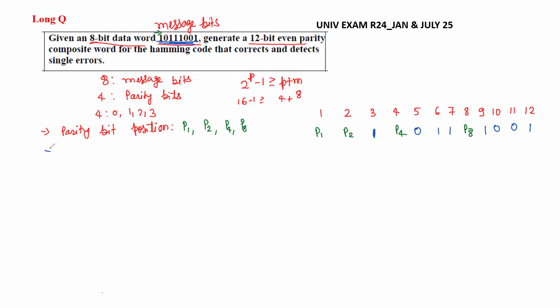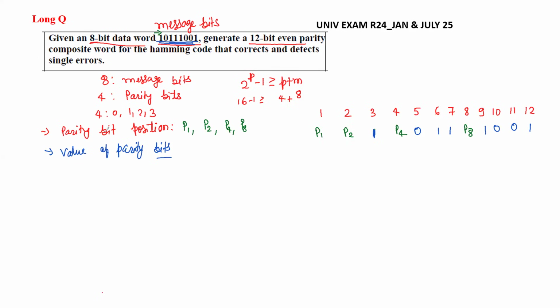Now, very important is the value of the parity bits. For the value of parity bits, what is given here? We have to use even parity. Even parity means the number of ones should be even. That we are going to see. If it is not even, we'll add 1, then it will become even.